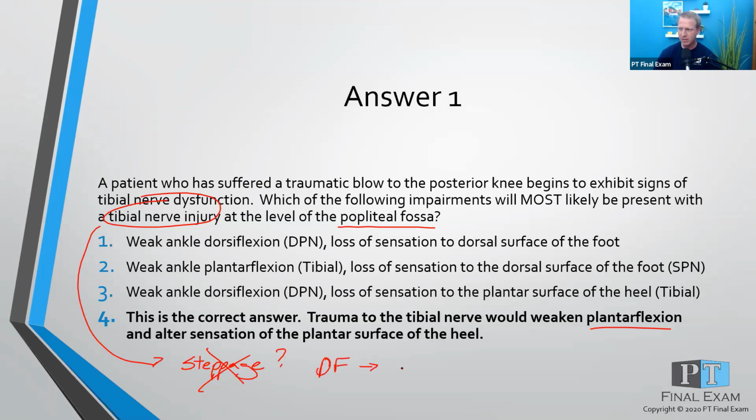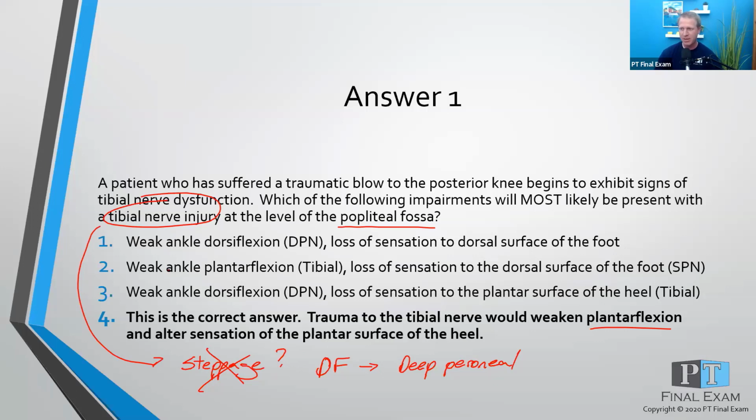Dorsiflexors are innervated by the deep peroneal, right? So you would only have a steppage gait pattern with a deep peroneal nerve injury or a dorsiflexion weakness. That's clear, right? So that deep peroneal nerve would result in weak ankle dorsiflexion and would result in the steppage gait pattern.